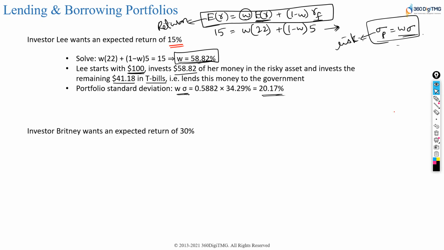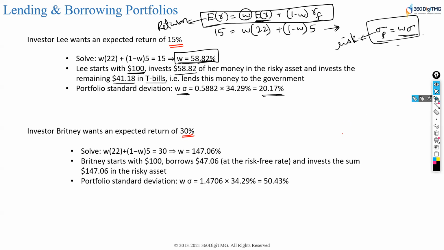Okay. Now, suppose you have another person called Brittany, and she's expecting a return of 30%. Then if we use the same formula and try to solve it, you get W into 22 plus 1 minus W into 5, which is equal to 30. And then you get W equal to 147.06%.